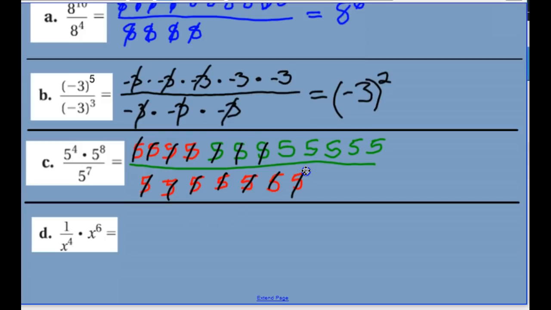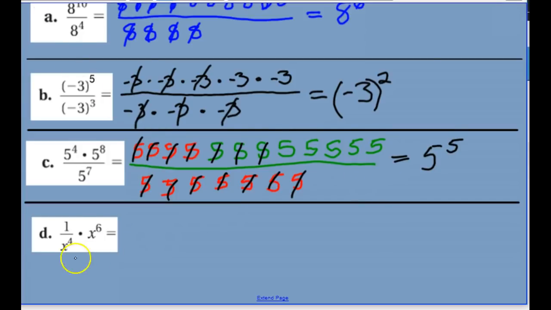So we took away 7 from the top, which means we have to take away 7 from the bottom. What we're left with then is 1, 2, 3, 4, 5. So 5 to the 5th power. So our answer is 5 to the 5th power.